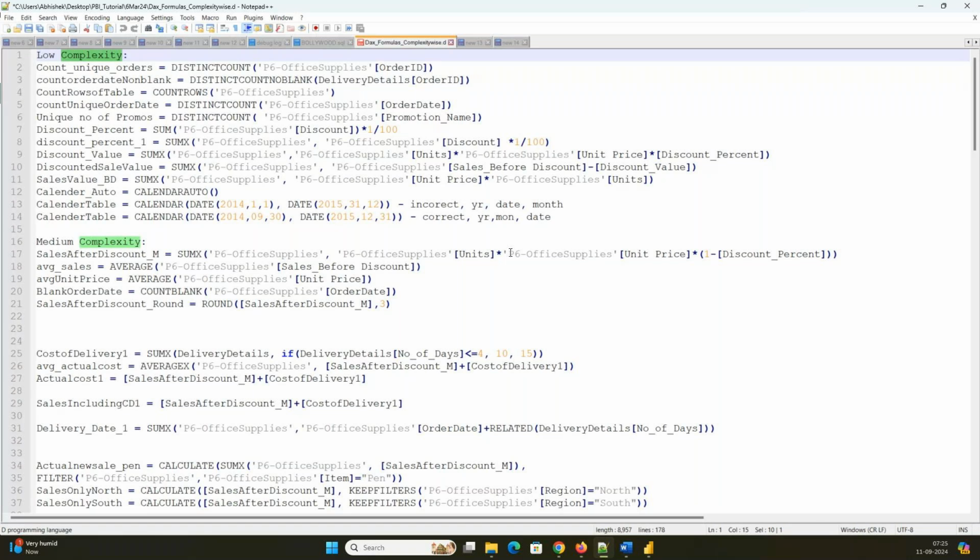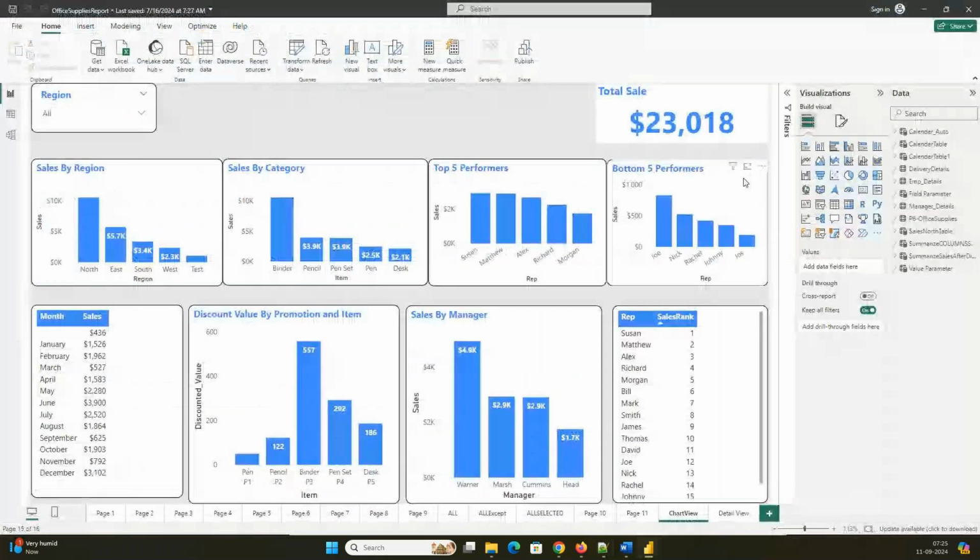For this, I have taken a data set of an office mart where they are selling office supplies like binder, pencil, pen set, pen, desk, across multiple regions, and they have a sales rep and manager tagged to them across months.